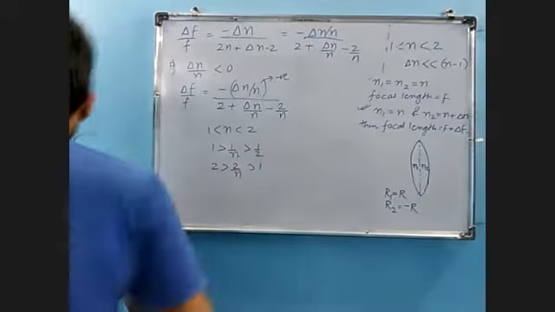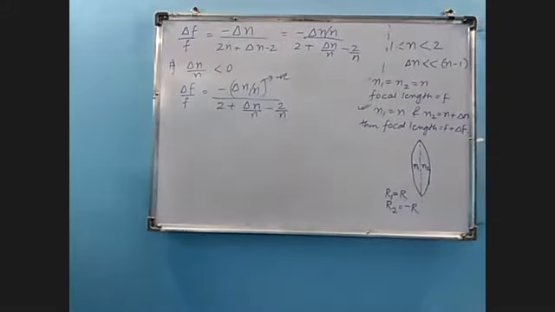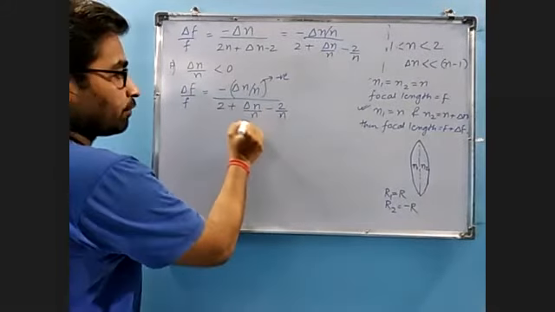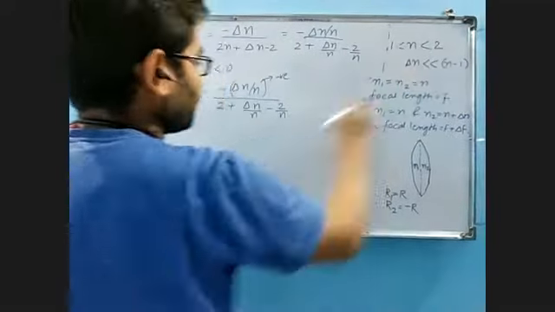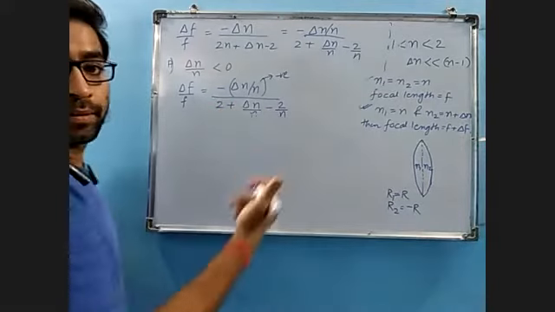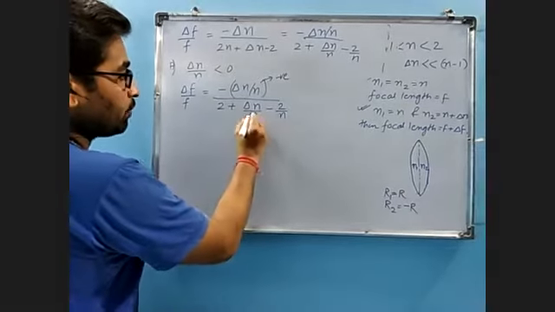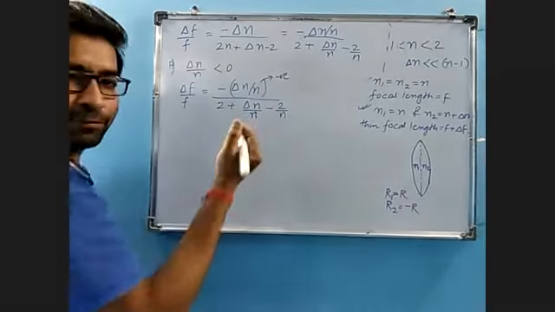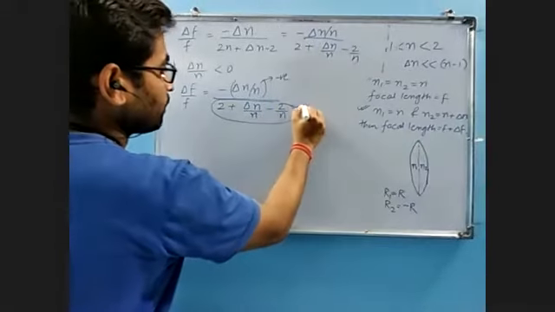So if you look at this part, this delta n by n is very small, right? Because delta n is much less than n minus 1. So if you subtract this, 2 by n is less than 2 and greater than 1, so this will be positive. When you subtract a very small amount, the whole thing will become positive.